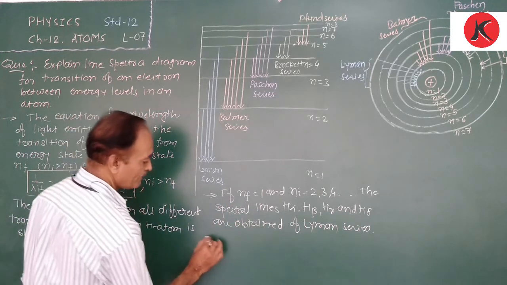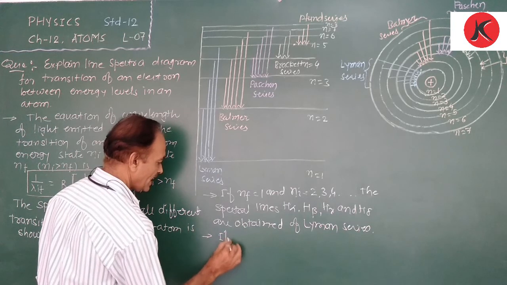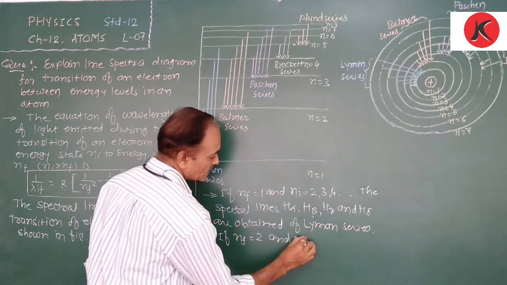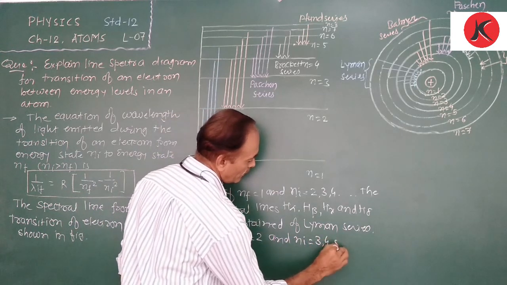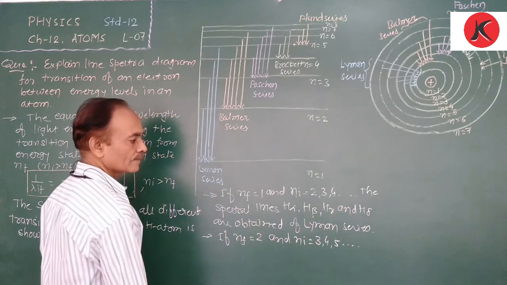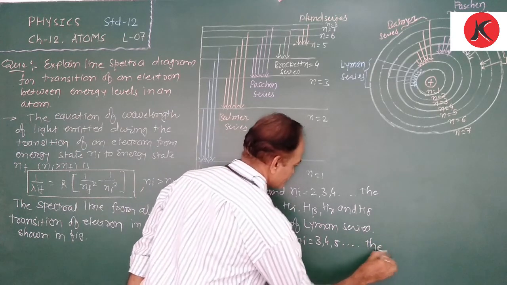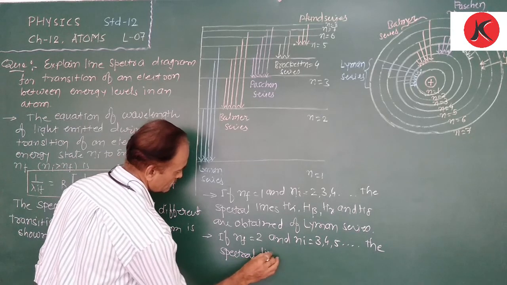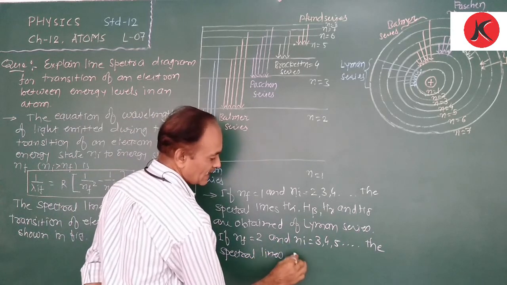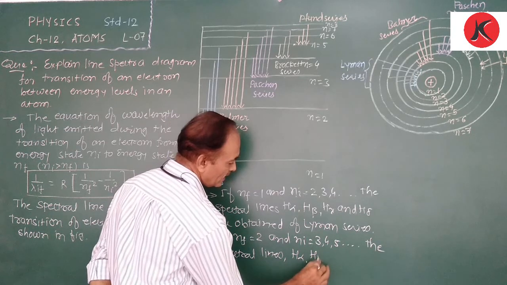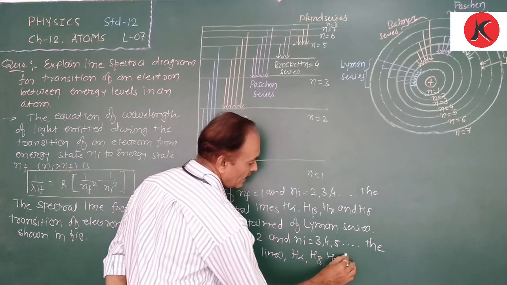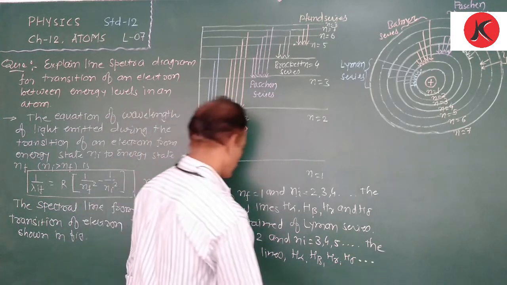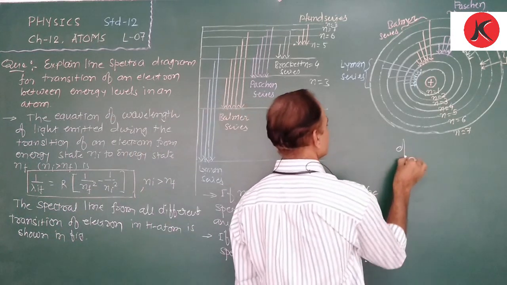In a similar way, if nf is equal to 2 and ni is equal to 3, 4, 5 and so on, the spectral lines like H alpha, H beta, H gamma, H delta, etc. of Balmer series are obtained.